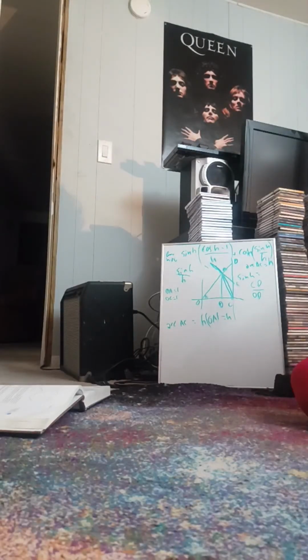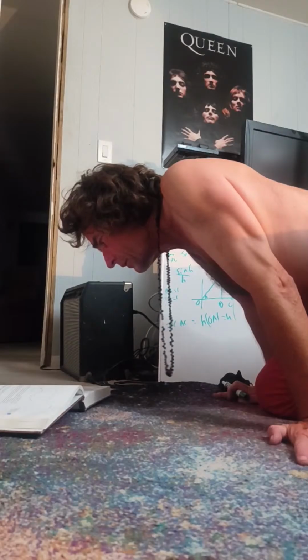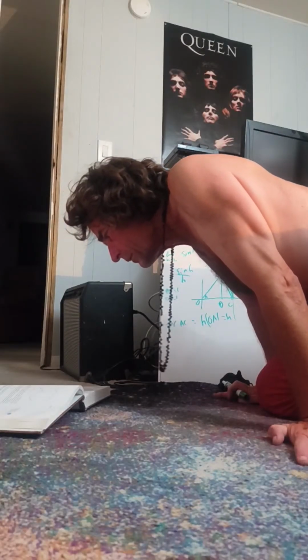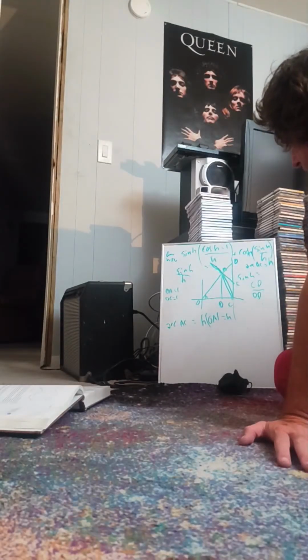Okay, what do we know about that though? Sine h. We know that, I do know that, right? Yeah, we want to know sine h over h, CD over OD.